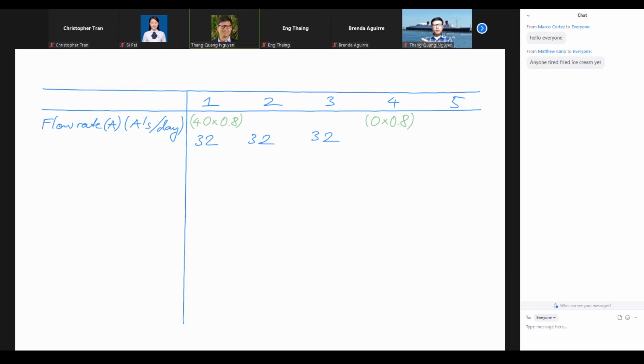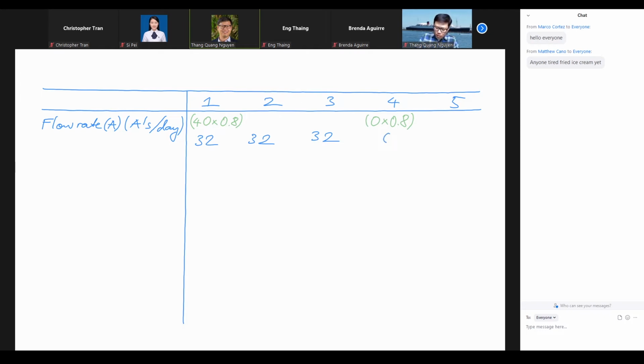And then 80% of them go through. Then of course, 80% of 0 is 0. But in terms of the equation, it has to be 0 times 0.8. It cannot be 40 times 0.8. Conceptually, that will not be correct, right? So no ice cream will go through the fire, and we scale that with 0.8, then it's going to be 0.